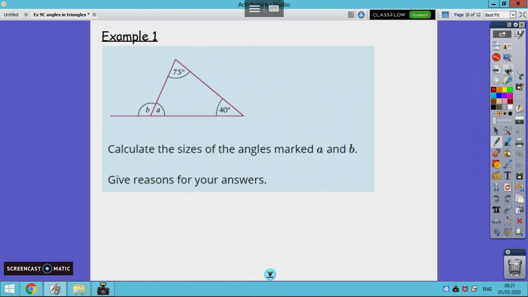Now, if we ignore angle B, we just have a triangle really, don't we? So we know that angles in a triangle add up to 180 degrees. Therefore, to find A, we can just do 180 minus 75 minus 40. We just need to do that sum to find angle A in the triangle.